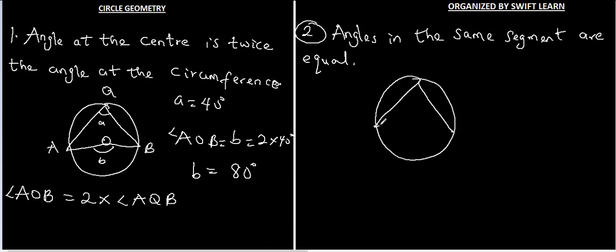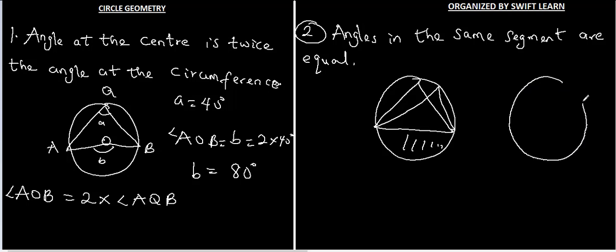As long as, I remember I told you about what a segment is. Segment is something like this, like this part is the segment of a circle. It's not compulsory it's facing down, it can face any part. For example, I can have something like this, as long as it has the same base or the same chord.